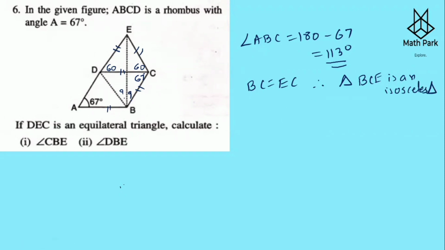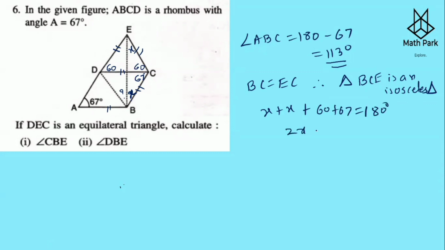Okay. So therefore, let us take these two angles to be X and X. Since it's an isosceles triangle, angles opposite to equal sides are equal. So X plus X plus this complete angle, which is 60 plus 67, is equal to 180 degrees.